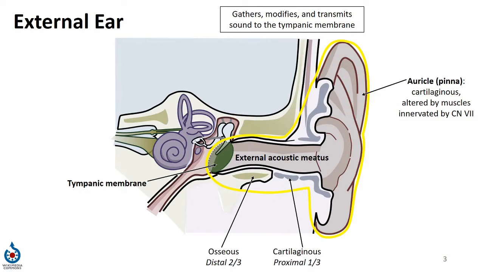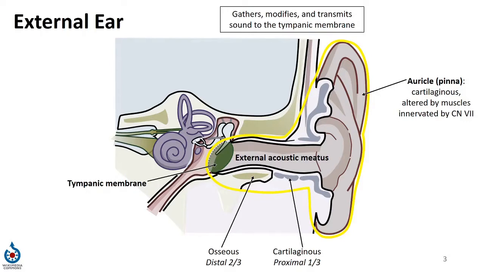So the external ear begins with what is called the auricle and then ends by the tympanic membrane or the eardrum. So the auricle, or the pinna is another word used to describe it, is cartilaginous, has elastic cartilage, and it actually can change shape.